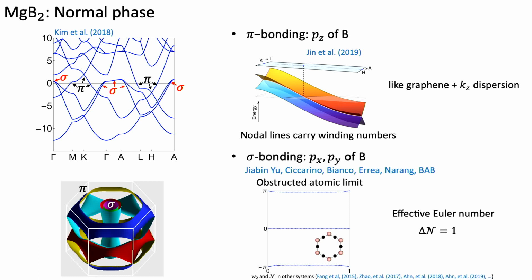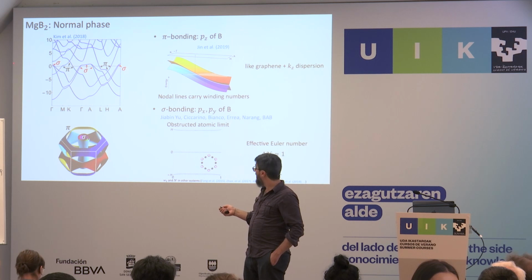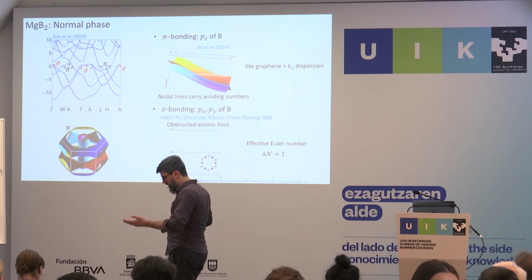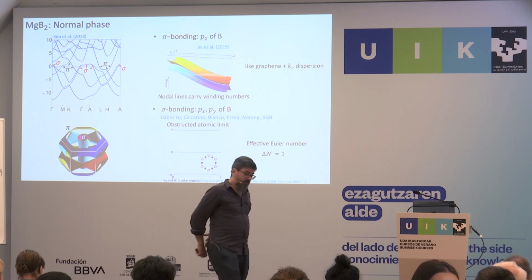Now, the contribution of these pi bonding bands to the Macmillan constant turns out to be actually 7%. So it's not that large. Something else happens, and really what causes superconductivity, and this is supported by ab initio, is the sigma Fermi surface. A small Fermi surface around the gamma point, with large coupling to the E1G phonon, okay?